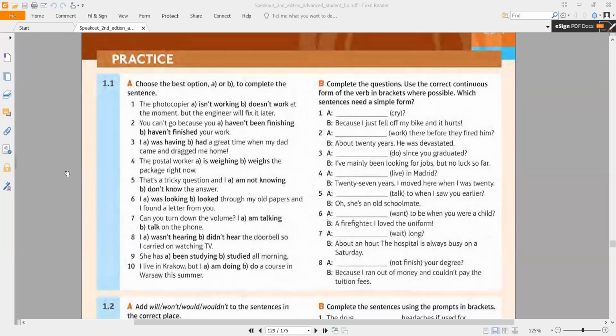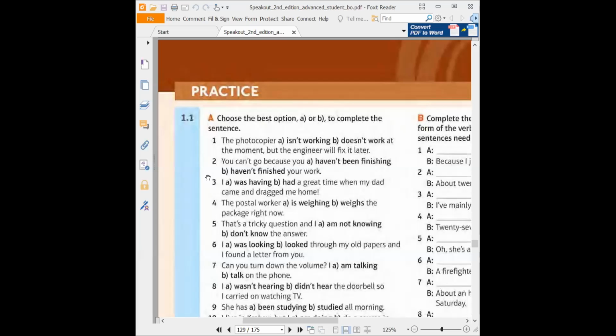Right, so number one, I can read, you tell me the answer here. The photocopier isn't working or doesn't work at the moment, but the engineer will fix it later. I guess it's A. Definitely A. The other one is a present simple. Yes, isn't working.